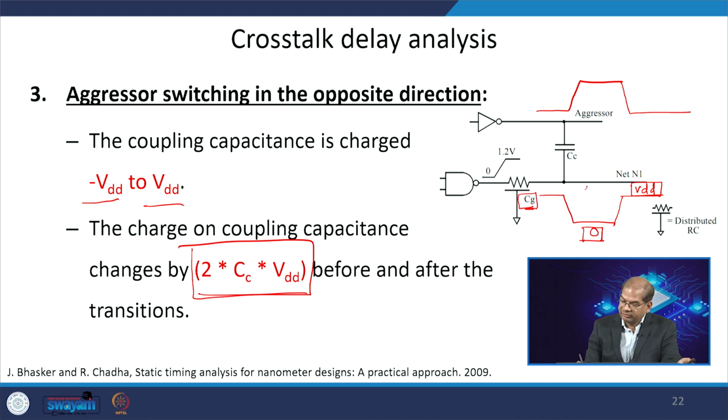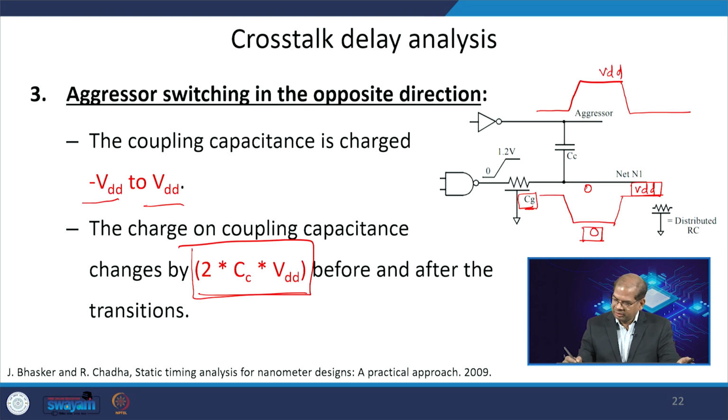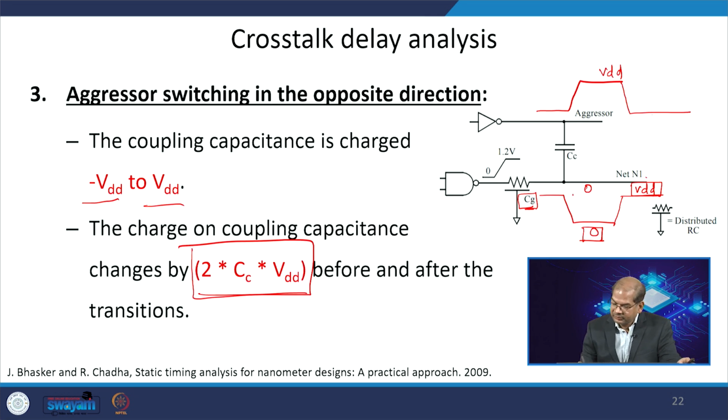Initially this is 0 and this is VDD, so the voltage across Cc is minus VDD. After the transition, this will be VDD and this will be 0, so the voltage across Cc will be VDD. So we are doing the analysis from this state to this state.